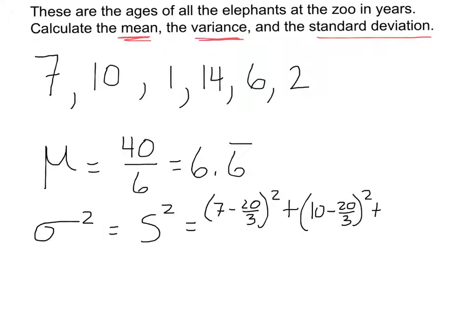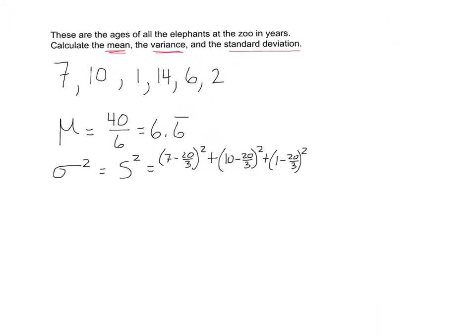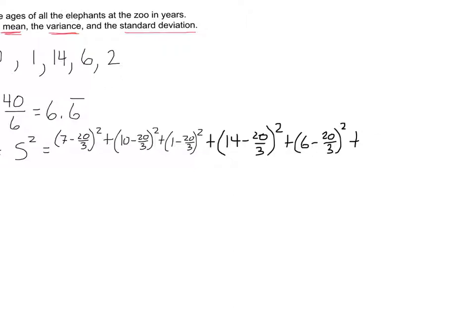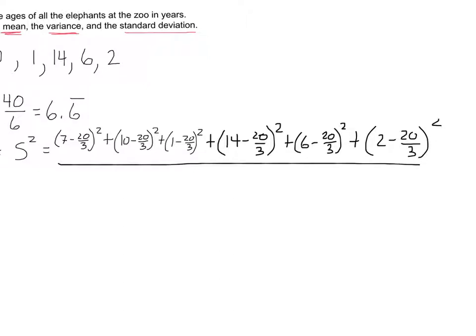And I'll add that to the third elephant minus the average, squared, and then the fourth, the fifth, and the sixth, each minus the average and squared. And when I do all that, I have to divide by how many elephants there are. How many are there? 6 of them.